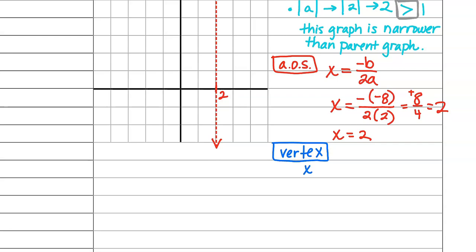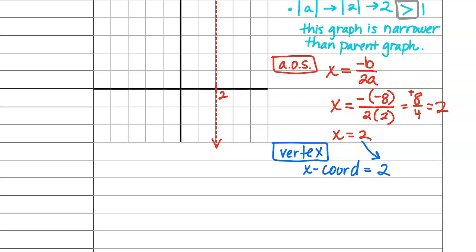So the x coordinate of the vertex, what's it going to be? Isn't it going to be the axis of symmetry value? So how do you find the y coordinate?